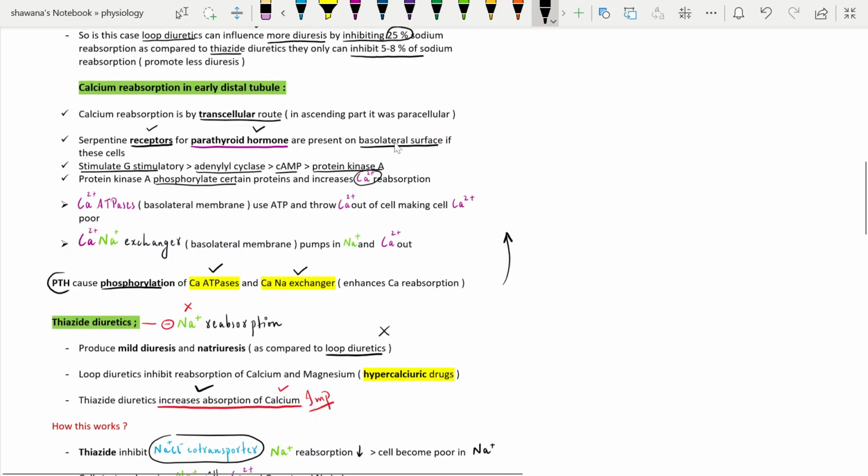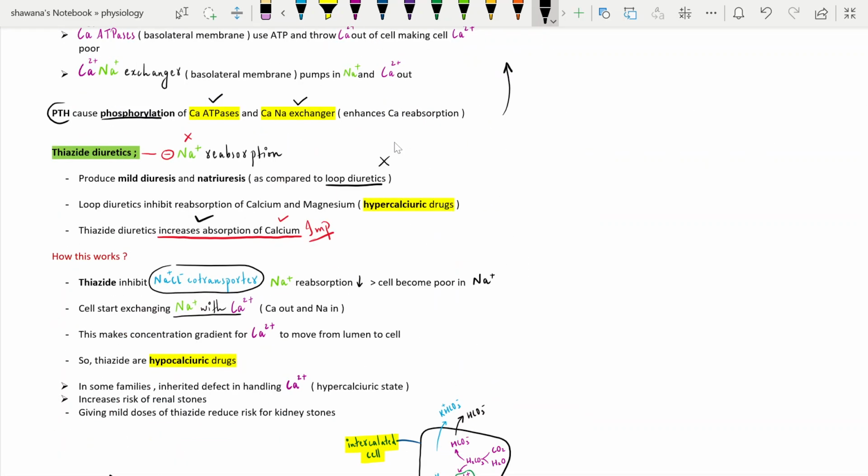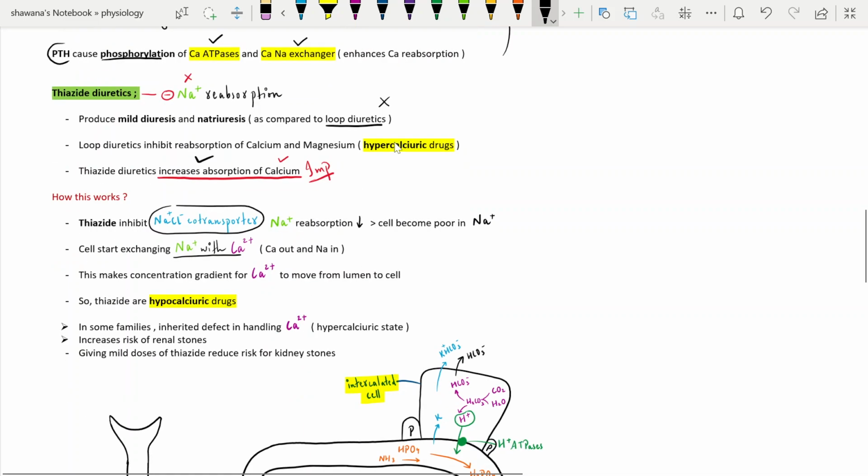What does it mean? It means that the cell starts to become hypocalcic, poor in calcium. This makes a concentration gradient for calcium, and calcium will move from the lumen into the cell.